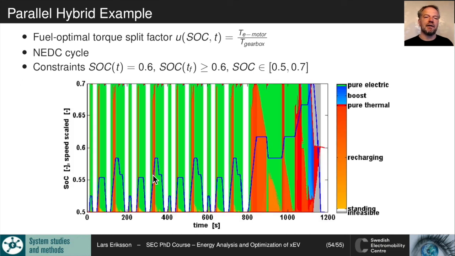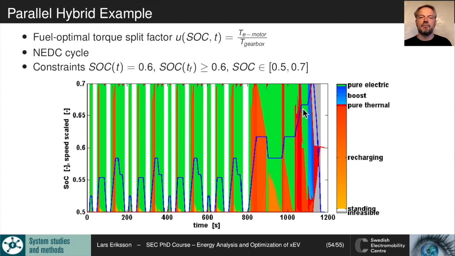For the parallel hybrid, we can also do it for the complete cycle. In this case, the unwinding is not there, but you start at the 0.6, and then you can see the orange parts here is where we'll use the combustion engine, and in all the regenerative braking we're only using the electric machine to do the regenerative parts. And we can see how we go through and how we should act in the different points.